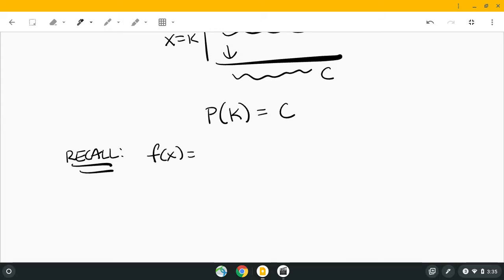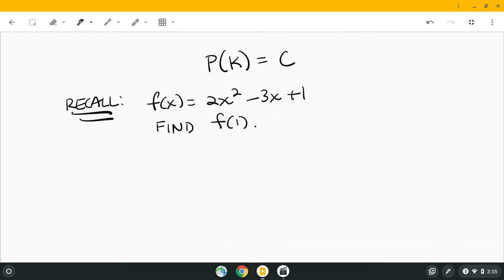f of x equals 2x squared minus 3x plus 1. And then oftentimes they'll say, okay, so there's your function, go ahead and find f of 1. And so way back when you were in kindergarten, you would take that 1 and plug it into the function. So you would say, okay, f of 1, replace all the x's with 1.